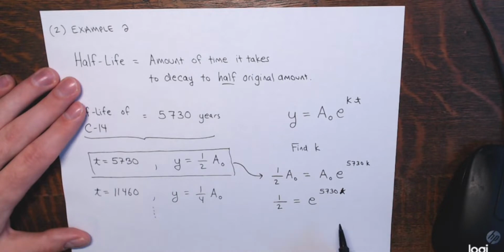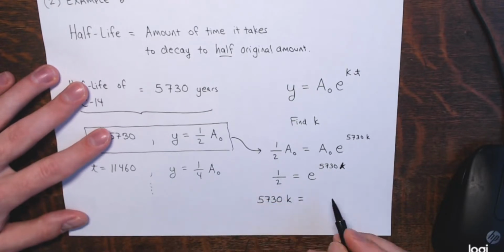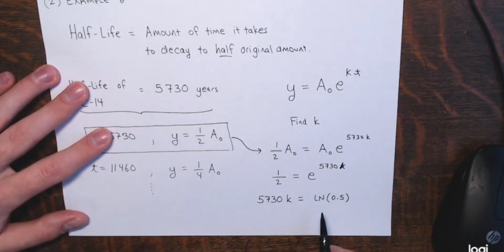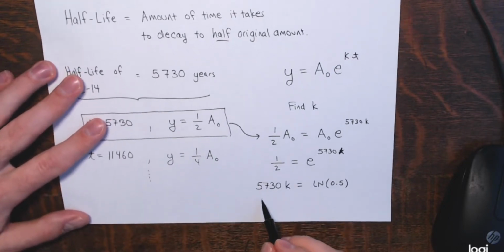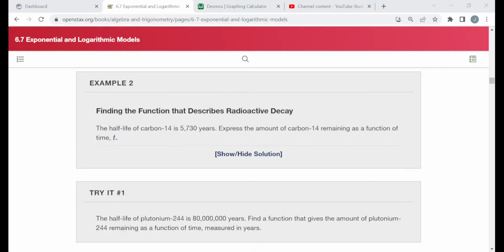Then, now I have base to power alone, I change to logarithmic form. So 5,730 K equals the natural log of a half. I'll just put 0.5 this time. And then I would divide by 5,730. So the value of K is the natural log of a half divided by 5,730, which, like I was doing before, I'll round to at least 4 or 5 decimal places if you want.